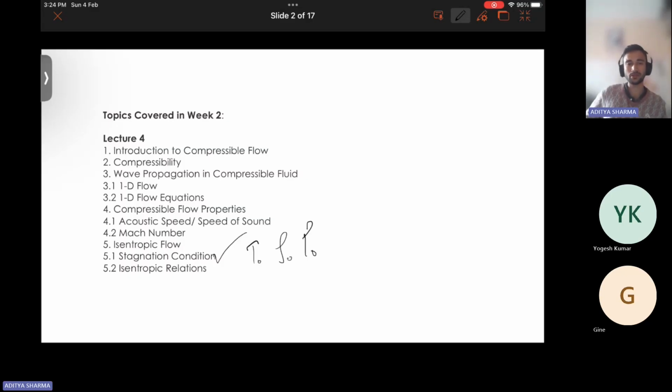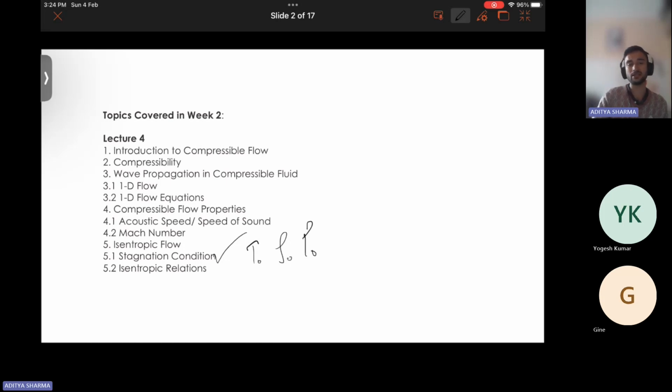So we denote the properties linked to the stagnation conditions by a naught. Stagnation conditions are nothing but when the flow is not moving. In that case, the properties linked to that will be called stagnation properties. So when the fluid is at rest, that is basically the stagnation condition.